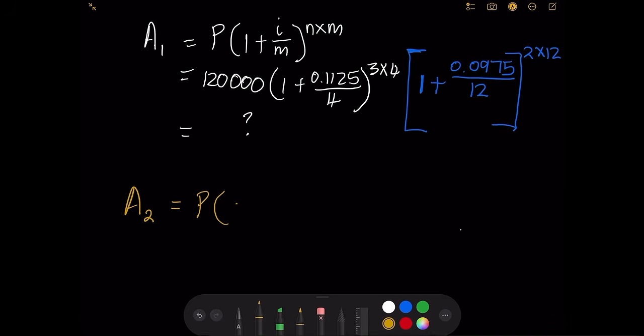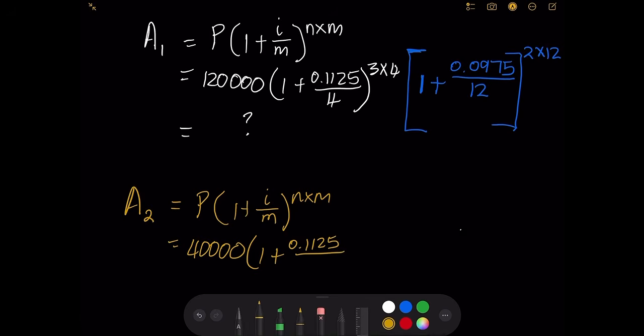So that would be P times (1 plus i over m) to the power n times m. So that's the 40,000 that was withdrawn, that would also accumulate interest at 0.1125 over 4, and that would be for 1.5 of a year, so that would be 1.5 multiplied by 4.